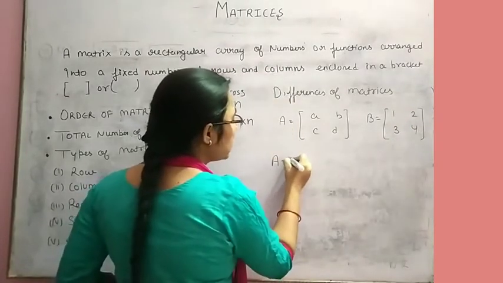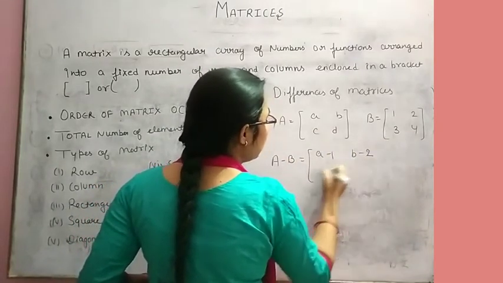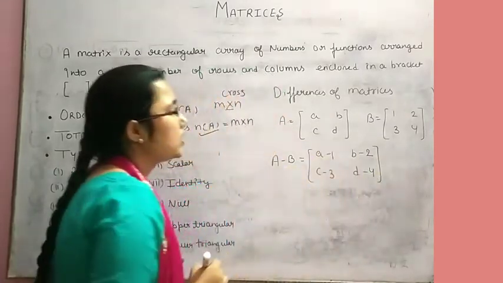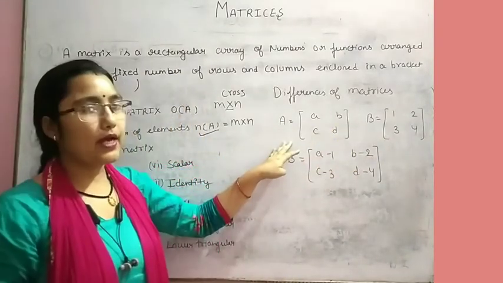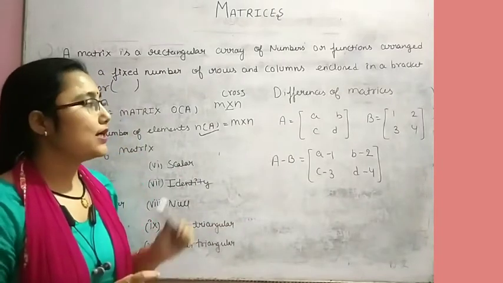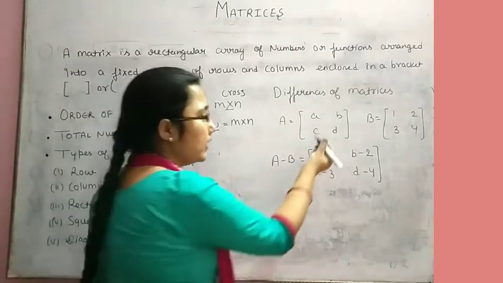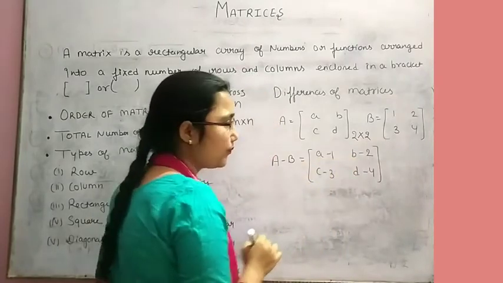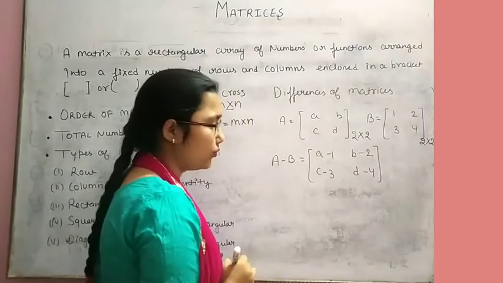So A minus B equals to A minus 1, B minus 2, C minus 3 and D minus 4. So we subtract the elements directly by respective elements. To find the difference of two matrices, it is compulsory that both have the same order. Here the number of rows is 2 and number of columns is also 2. And in this case also 2 cross 2.